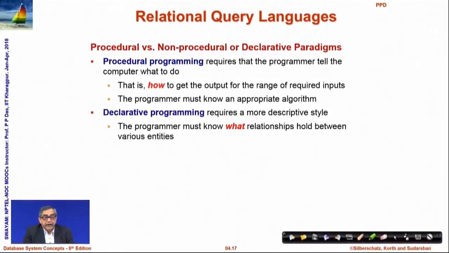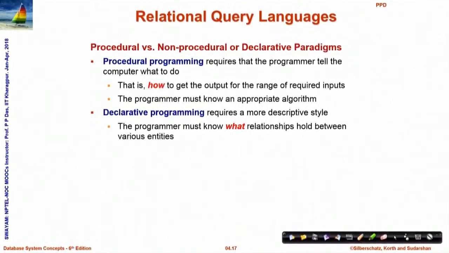In contrast, in declarative programming, you say what you want. You do not say how that will be computed. You may not even know a single algorithm to compute the output, but you specify what output you need. So, this distinction between how and what differentiates procedural and declarative programming.